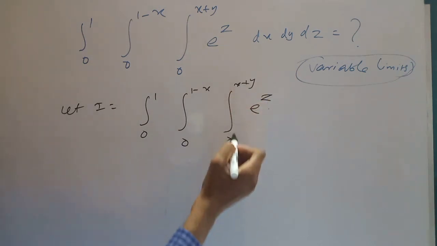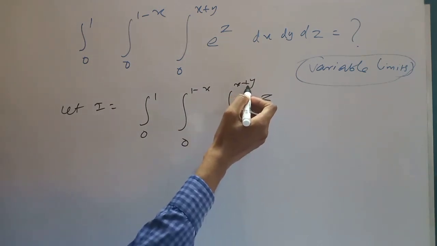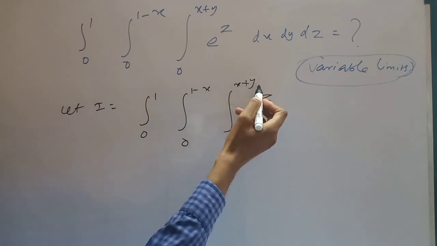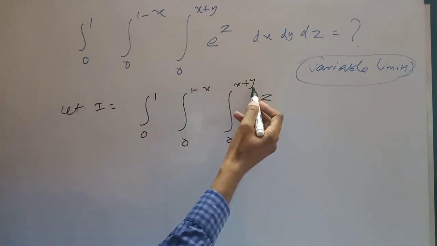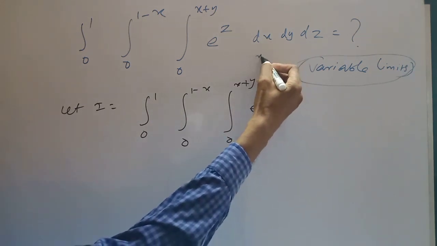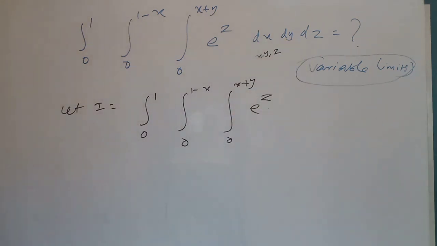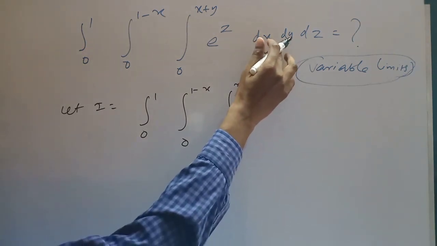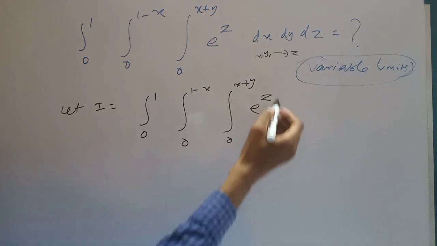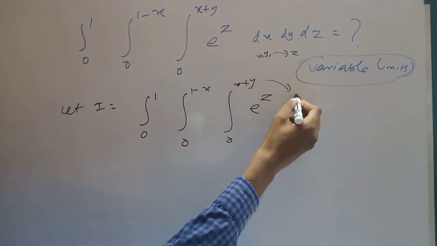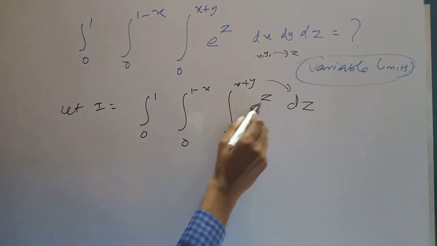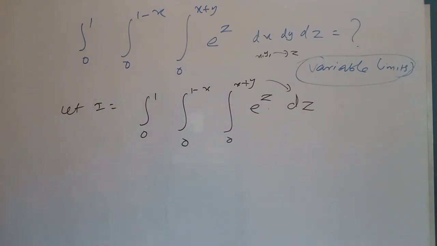These are variable limits, in terms of x comma y. X comma y means the innermost integration is with respect to z.